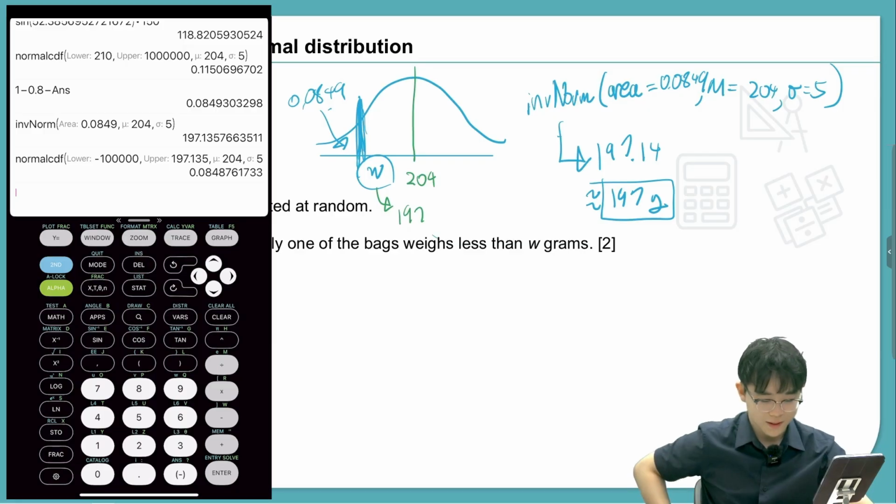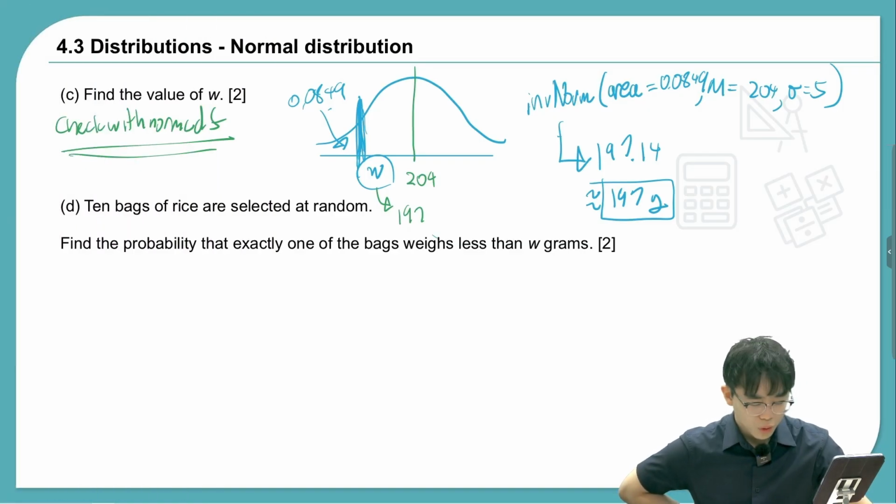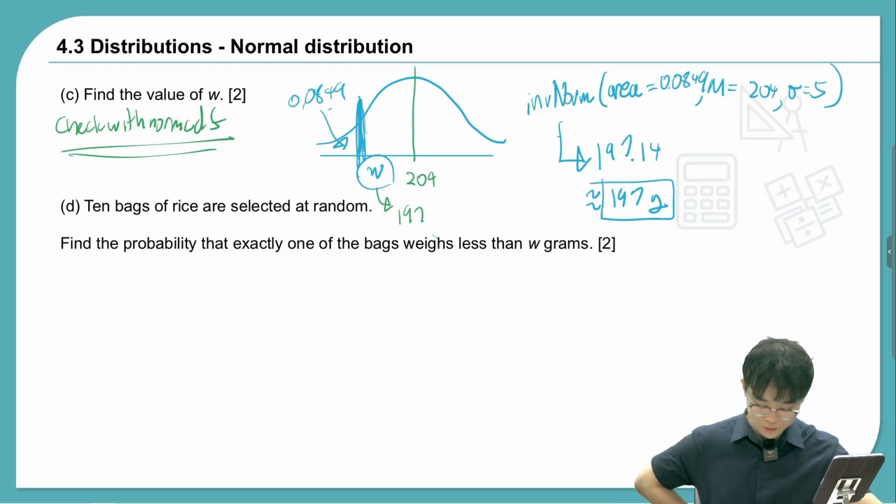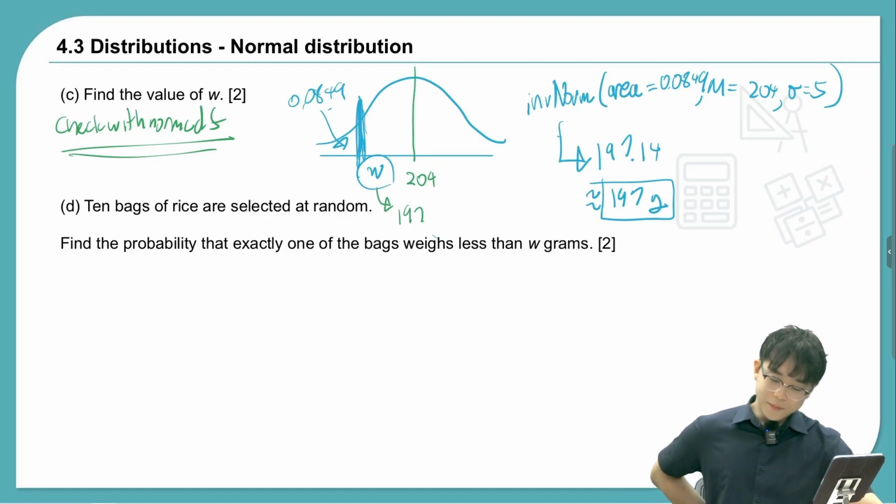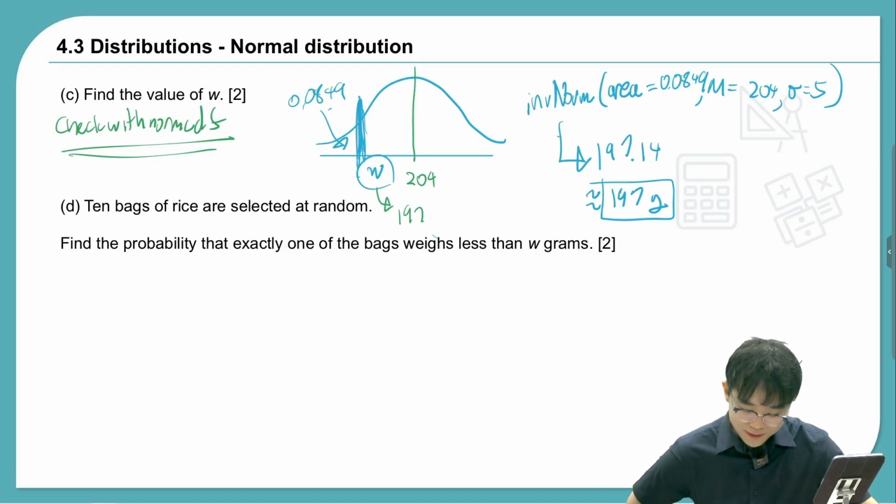And we see that is true. Norm CDF and inverse norm deal with the same normal distribution, so you can use one to check the other and see whether the solution is correct. That's how you would do C, and now on to D.